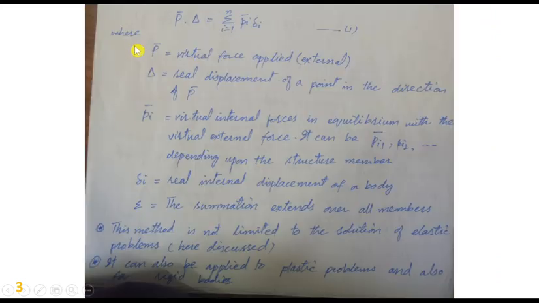Where P bar is the virtual external force applied, delta is the real displacement of a point in the direction of P bar, and Pi bar is the virtual internal forces in equilibrium with the virtual external force.